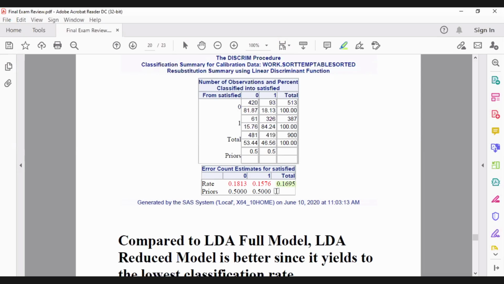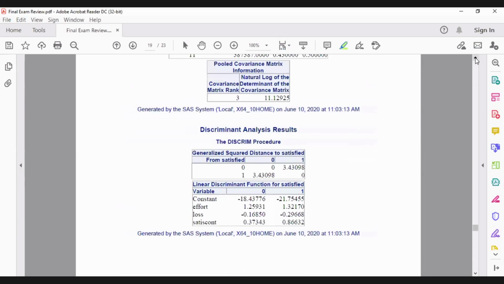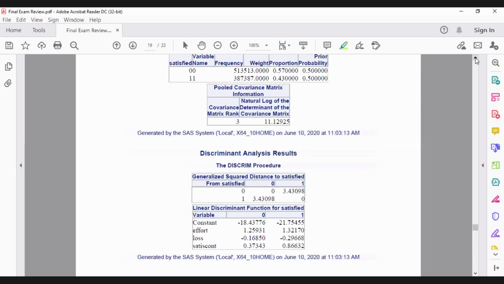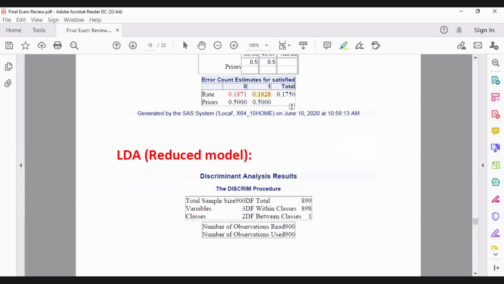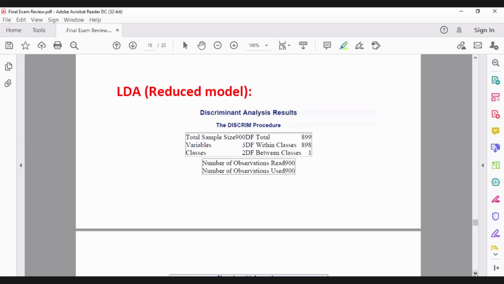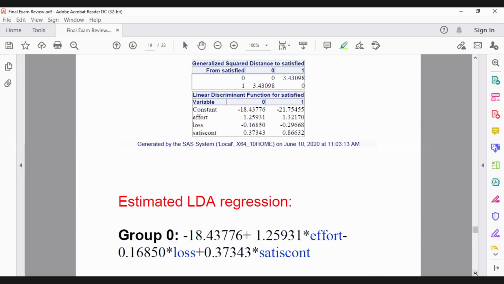It is equal to 0.1695 against 0.1750. The error from the full model is 0.1750, and the error from the reduced model, LDA, was 0.1695. So, of course, the LDA reduced model is the best one in distinguishing between y equal to 1 and y equal to 0.